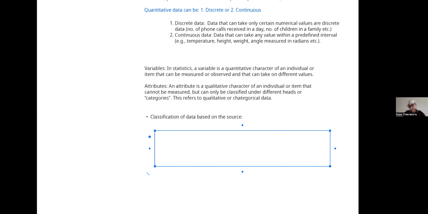Because it's cheaper and of course readily available, and so it doesn't require much time to gather the data. And yeah, so that's what it is. Okay.